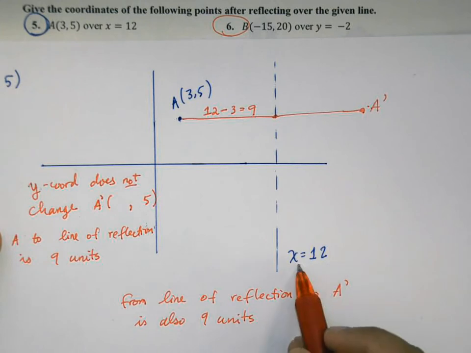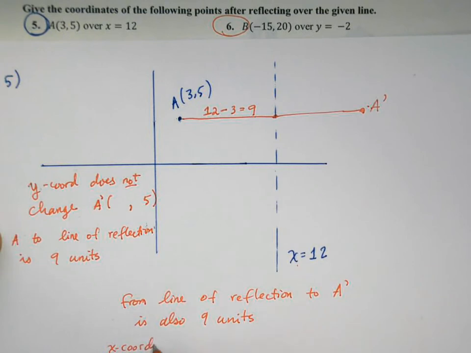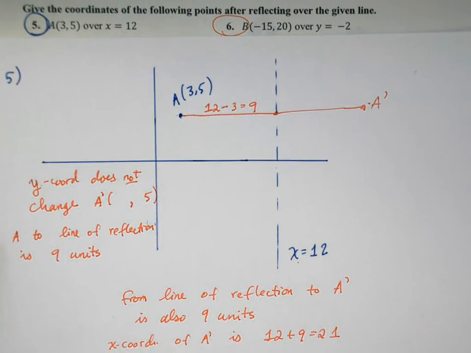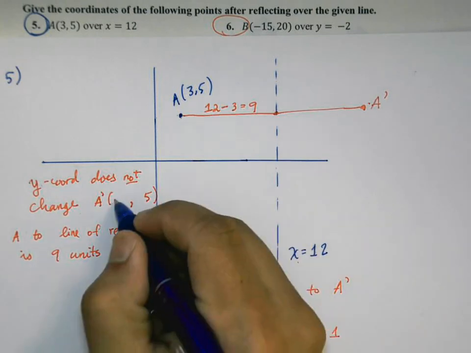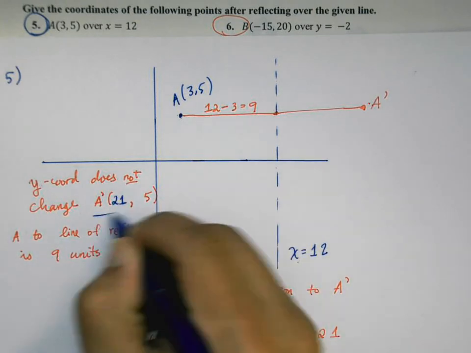And this x value is currently at 12, so the x coordinate of A prime is 12 plus 9, which is 21. So my final answer here is that A prime must have coordinates (21, 5).